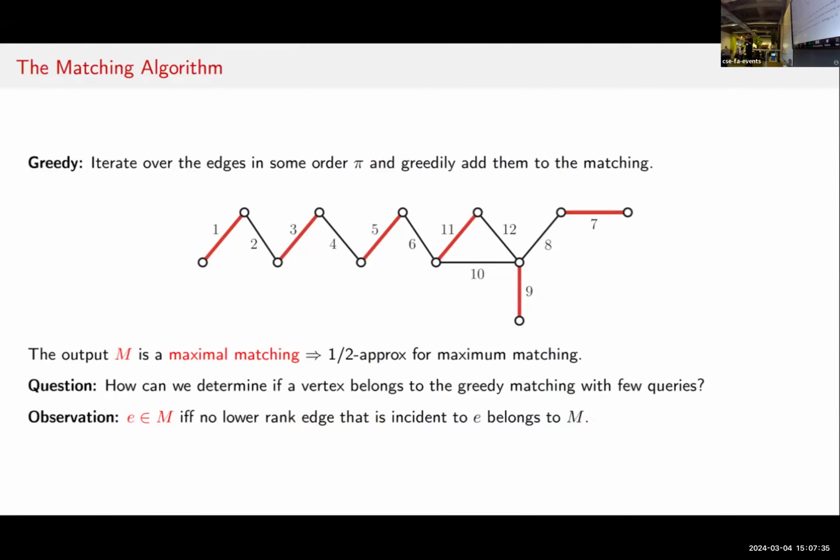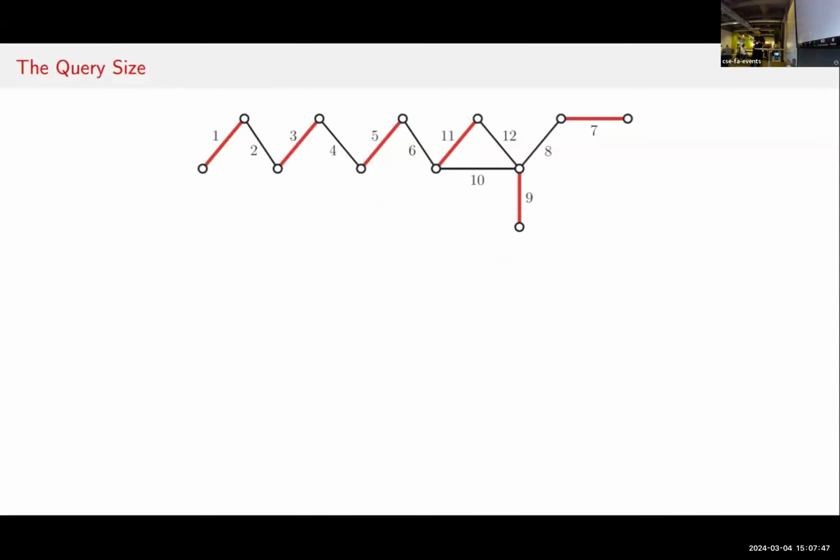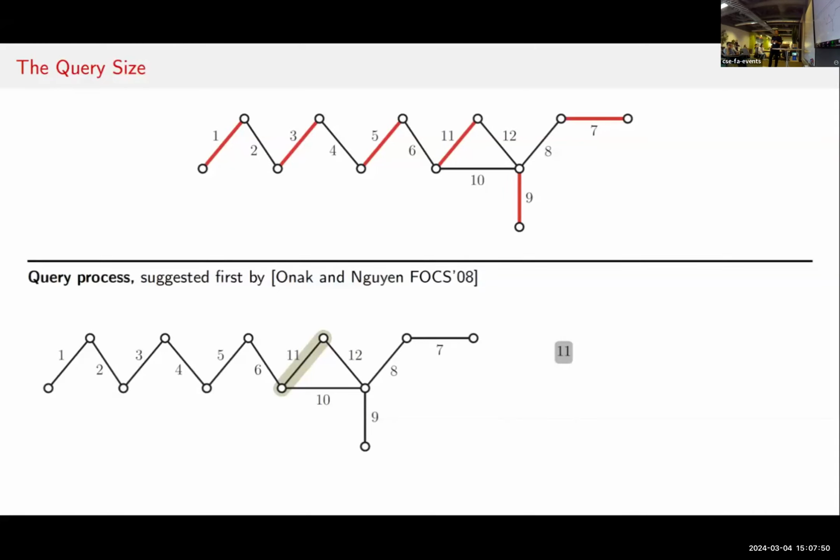That's what the greedy algorithm guarantees. So for example, this edge 6 is not part of the matching because there's a lower rank edge 5 incident to it that's part of the matching. So this naturally defines a recursive query process to determine if an edge is part of the matching or not. And this was first considered by Nguyen and Onak in a FOCS 2008 paper.